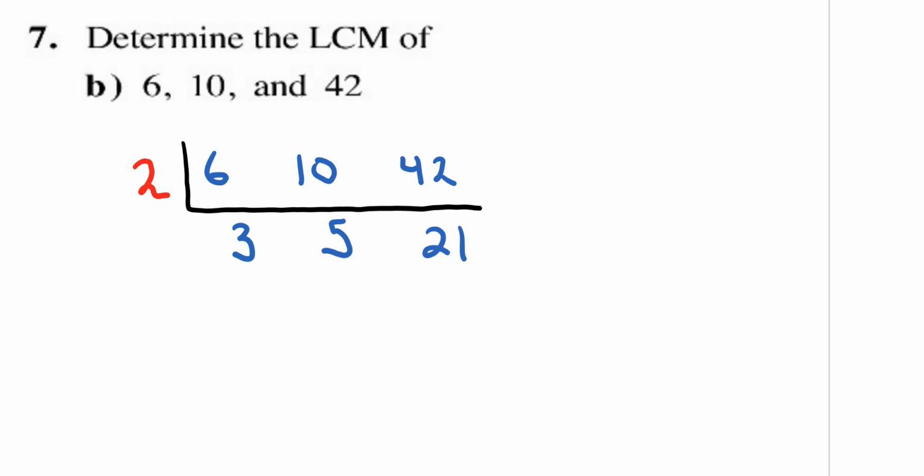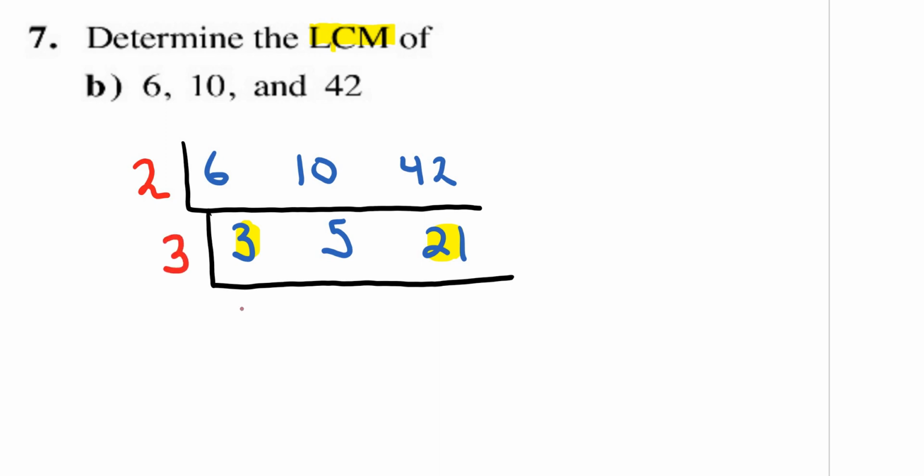Okay, there's one little method that we need to continue applying for the ladder method when we're trying to find the least common multiple. In this case, there's definitely not a single number that divides 3, 5, and 21. But I look at the 3 and the 21, and those numbers can be broken down further. So a number that divides into 3 and 21 is the number 3.